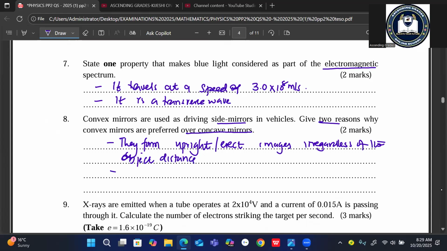And the second one, they provide a wide field of view.